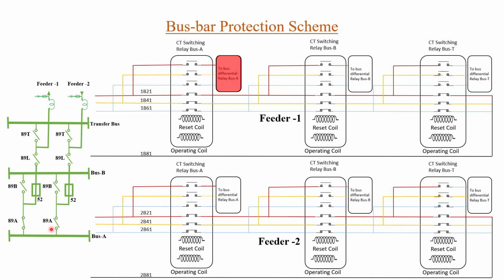And similarly, if feeder 2 is also connected through the 89A isolator to bus A, then in this feeder also the CT switching relay will select bus A for the differential protection relay. So the CT secondary contacts will be closed, and that is how the bus differential relays will be selected.